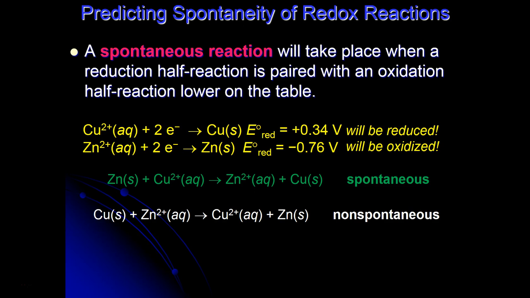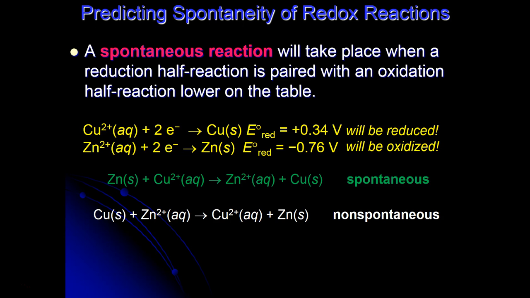Now, what would be non-spontaneous is if we tried to run it in reverse, where this really doesn't look very nice. Your copper is being oxidized and your zinc is being reduced. Well, this would require us to put in energy, because that is not the way this reaction wants to occur.